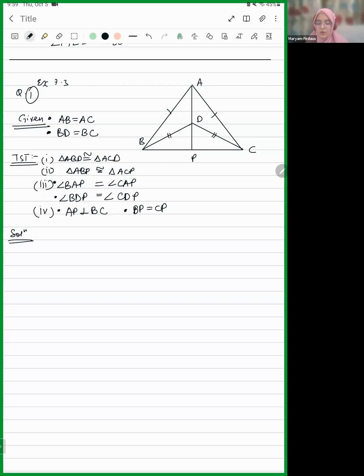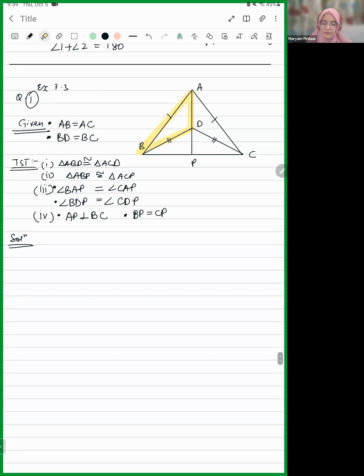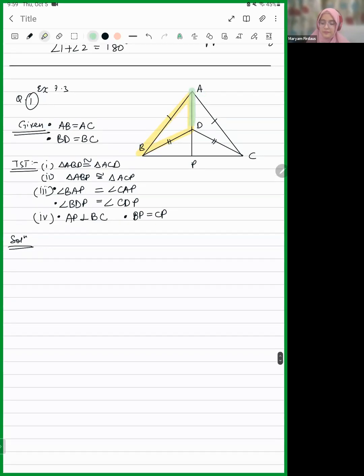Now, how do we show these two triangles as congruent? ABD and ACD. Look at both these triangles. Ma'am, because it is already given in the question that AB is equal to AC, and BD is equal to BC.